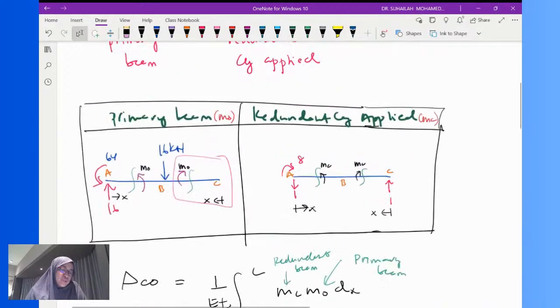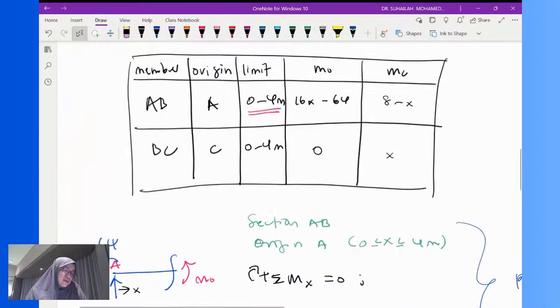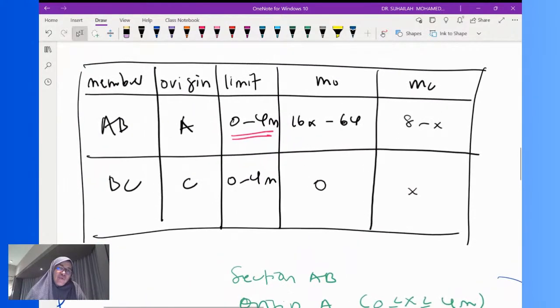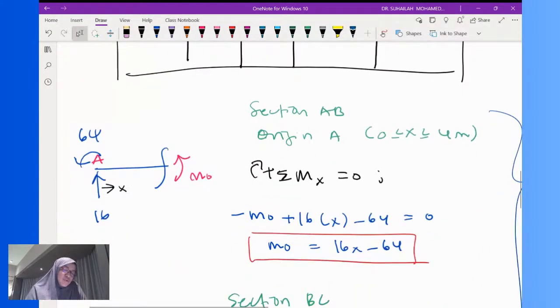But what is most important is you have to show me these two diagrams, one is primary beam, one is redundant beam with reaction value inside, and the table for the moment equation. So we have to transfer this into the formula.